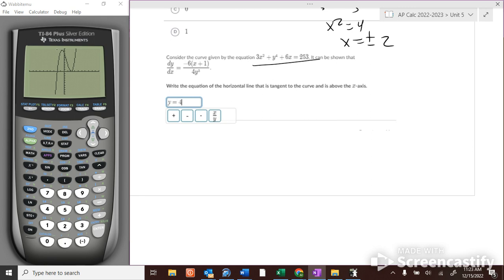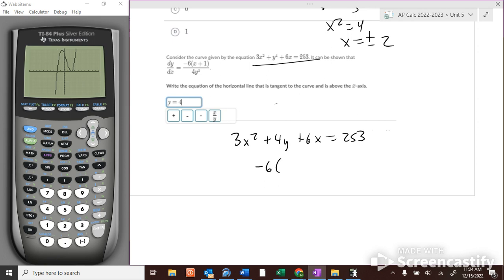Write an equation so the horizontal line that is tangent to the curve is above the x-axis. So it's a horizontal line. So we know it has to be part of this function, 3x squared plus y to the 4th plus 6x equals 253. We know that the numerator must be equal to 0 because it's a horizontal line.